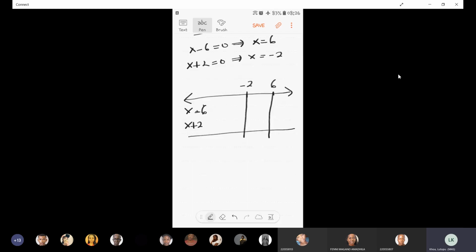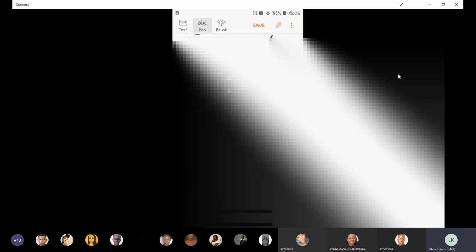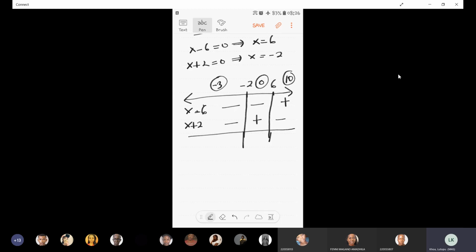Then you pick a representative, a number less than negative 2, let's say negative 3, a number between negative 2 and 6, let's say 0, a number greater than 6, let's say 10. And then you substitute each of these numbers into the factors: negative 3 minus 6, negative 3 plus 2, 0 minus 6, 0 plus 2, positive 10 minus 6, positive, and then 10 plus 2, positive.